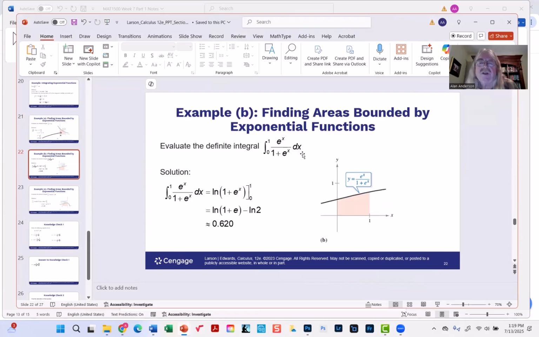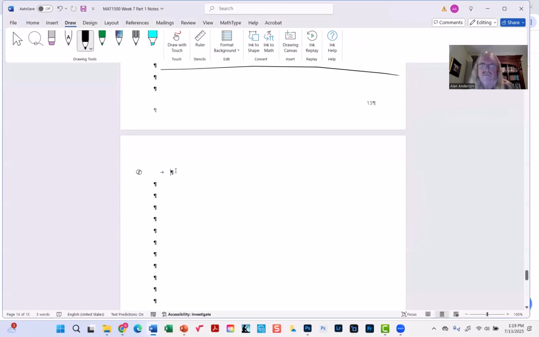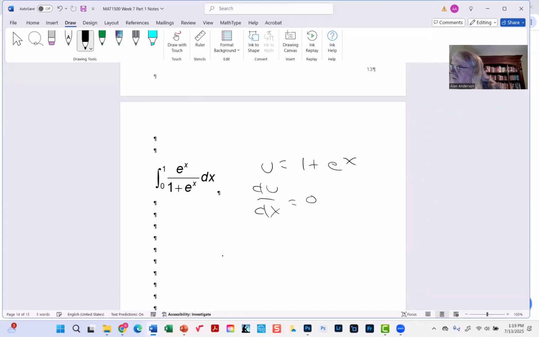Now, this one's a little bit trickier. Let's see what we can do with this one. All right, so why don't we try it this way? Let u be 1 plus e to the x, then du dx is 0 plus e to the x, or just simply e to the x.